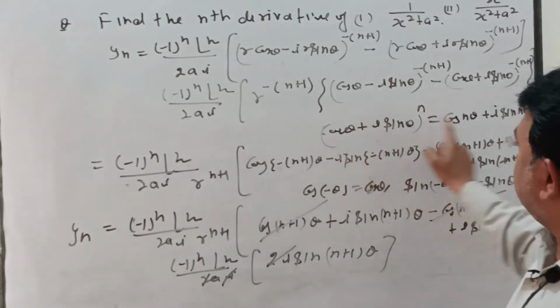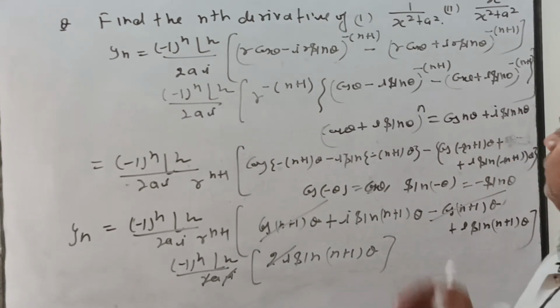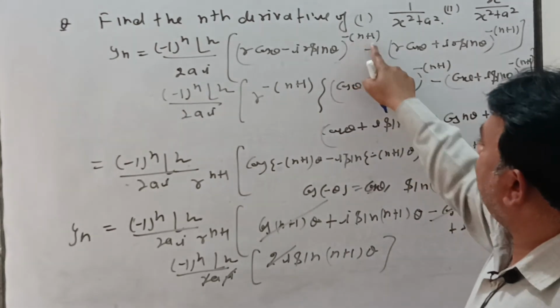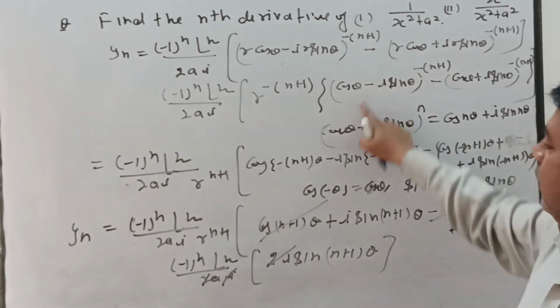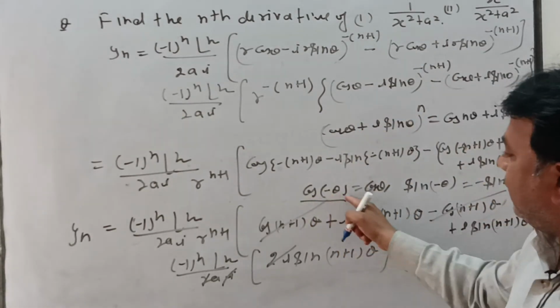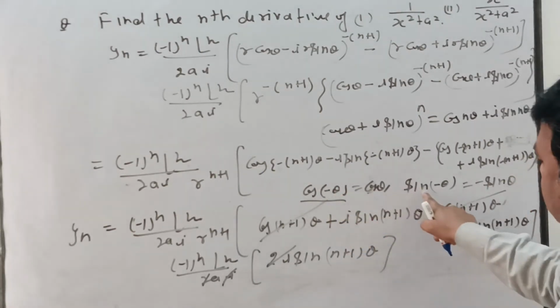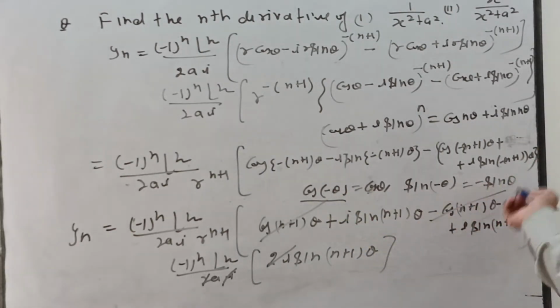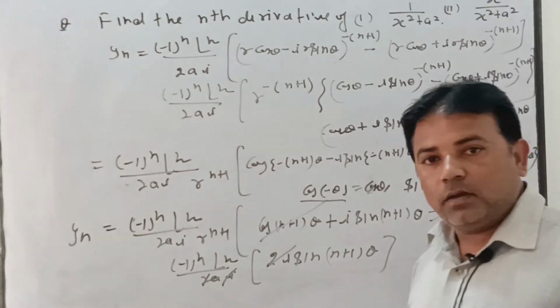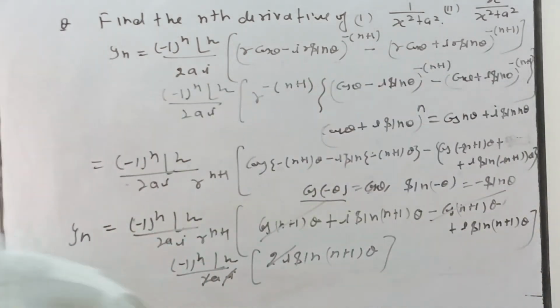So n of this, cos nθ + i sin nθ. Again a similar process, we apply the power of this, so cos of minus nθ, cos(-θ) is also cos θ, but sin(-θ) is minus sin θ. The minus comes out of the θ. Okay, do you all understand? Please make a note.